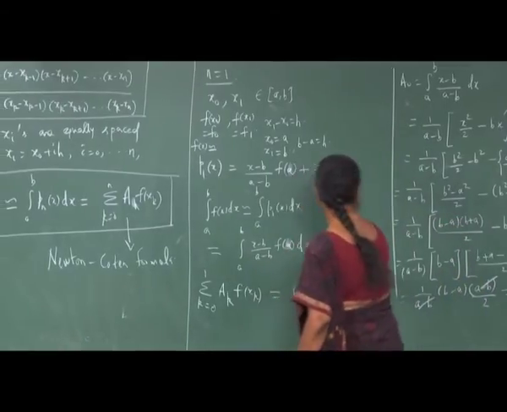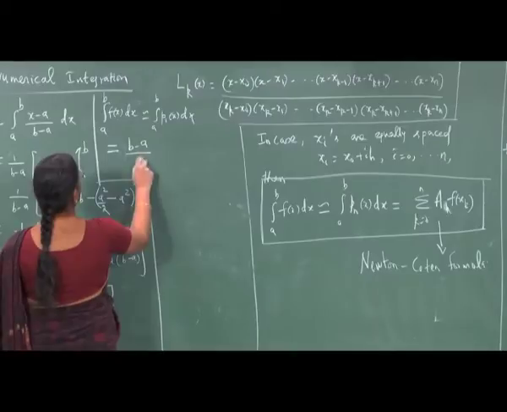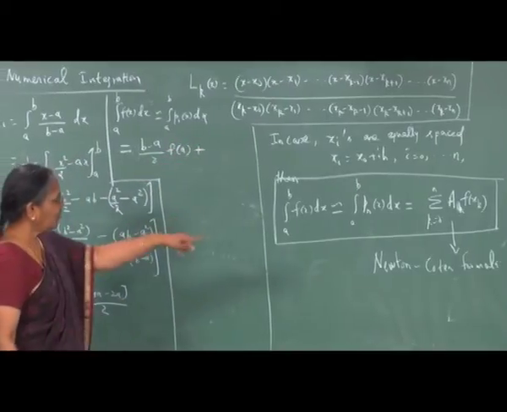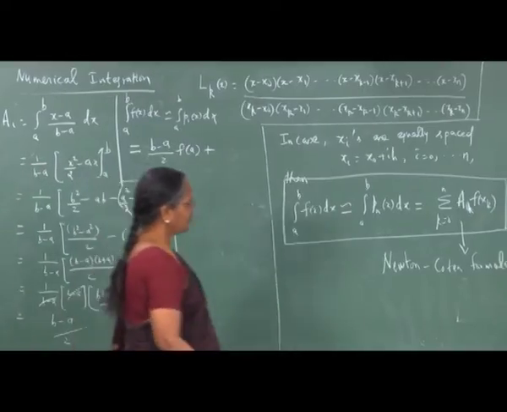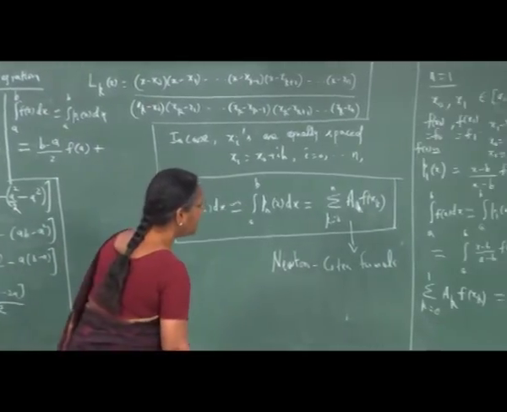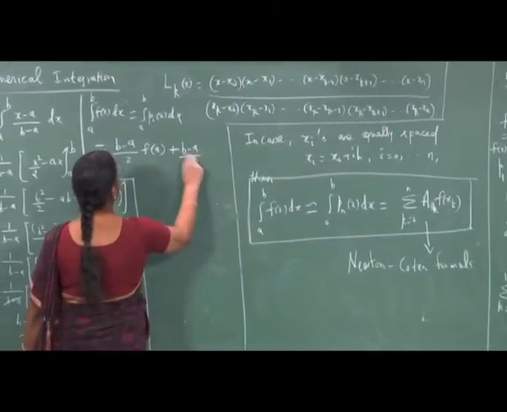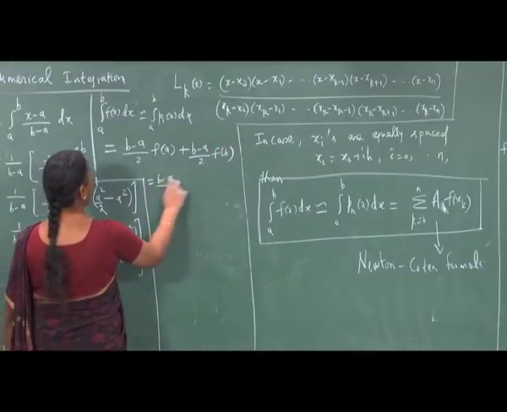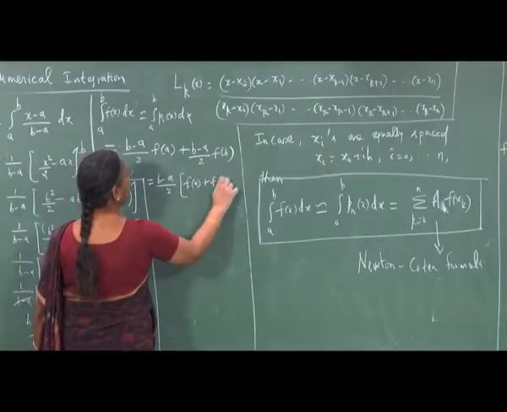So a naught into f of a is (b minus a) by 2. So (b minus a) by 2 into f at a, plus a1 into f1, where x1 is b. So f1 is f at b. So that gives you a1, which is (b minus a) by 2 into f at b. So it is (b minus a) by 2 into [f of a plus f of b].